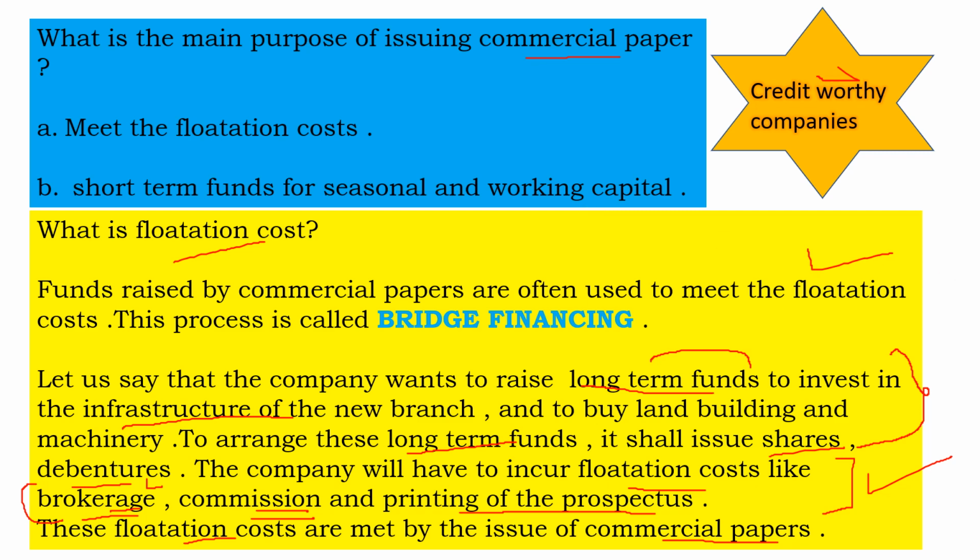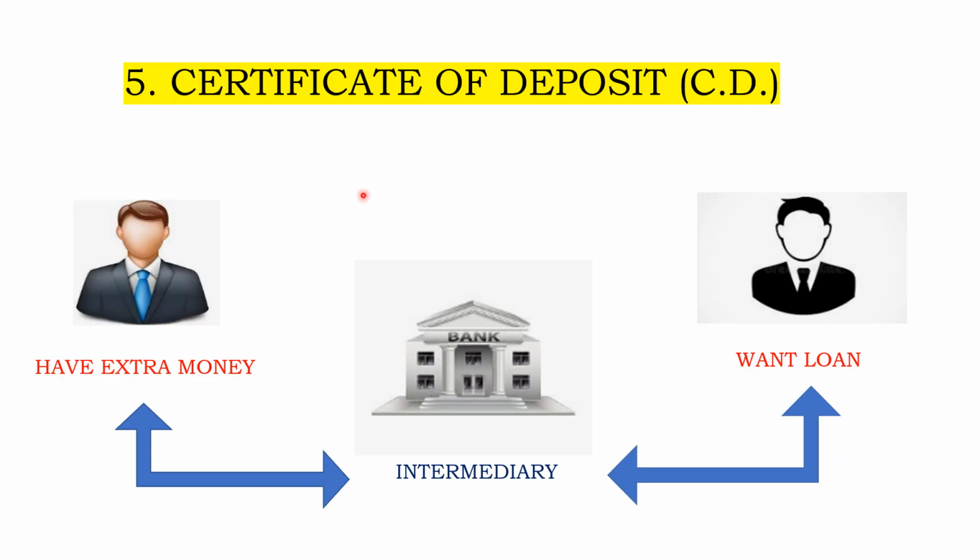Okay. Next, the fifth instrument I'll be talking about is the certificate of deposit, CD. You've heard of FD, fixed deposit. Similarly, there is another term, CD, which is the certificate of deposit. Now, if we come to the main function of a bank, what does the bank do?